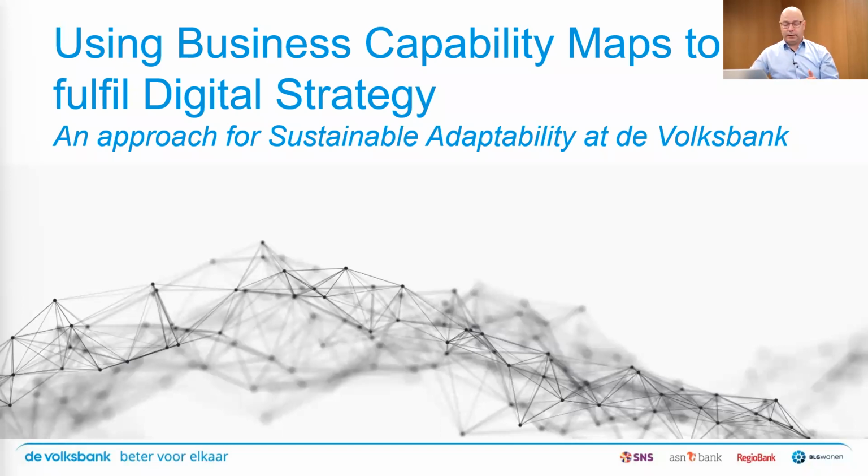Any digital strategy will be a combination of many measures, and one of the controls or mechanisms that we use at the Volksbank to transform into a digital organization is business capability maps. So at the core, it's about making that adaptability sustainable for the long run, not just a one-off shot. And at the core of your solution or approach is business capability maps. Correct.